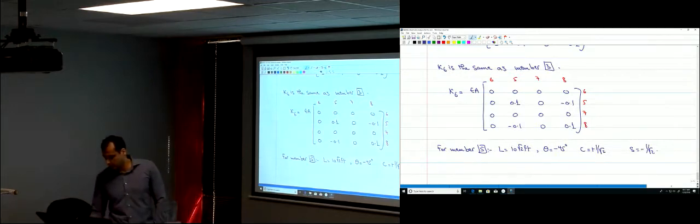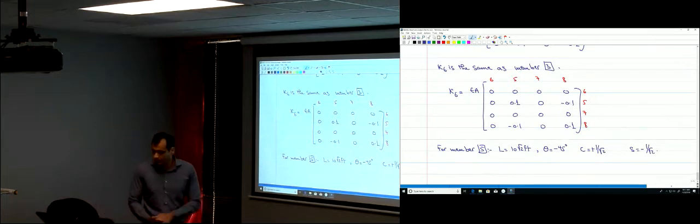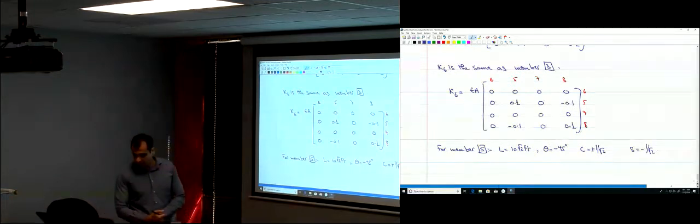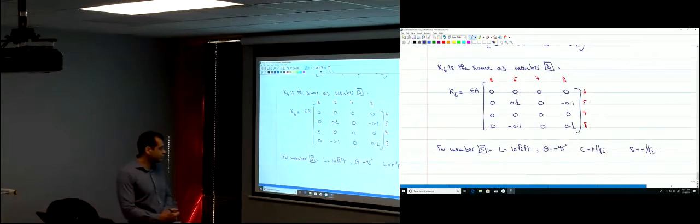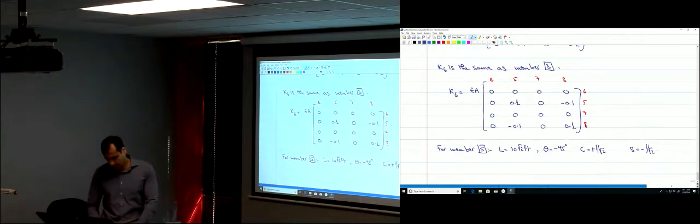Negative 1 divided by square root 2. So as you see here, member 5 is not identical to member, what member was it? It was member 2, right? Yeah. So let's build the stiffness matrix now.